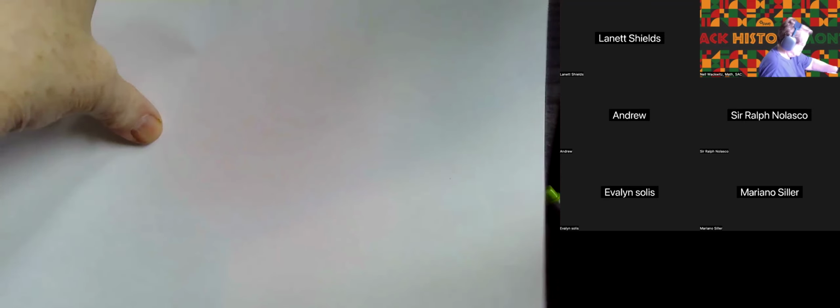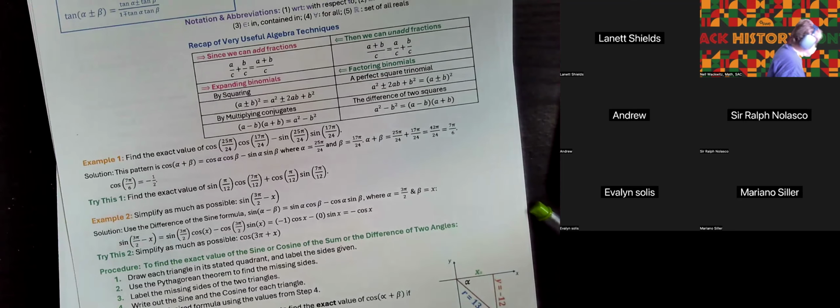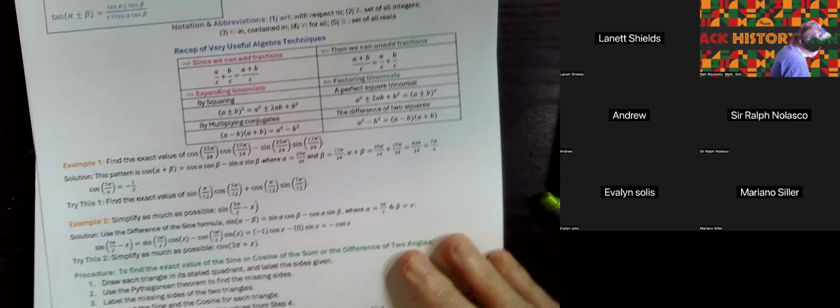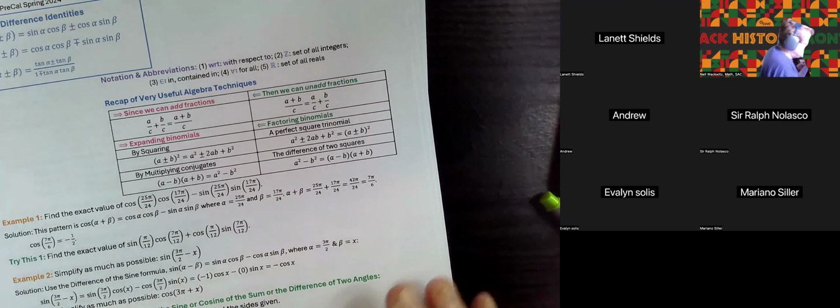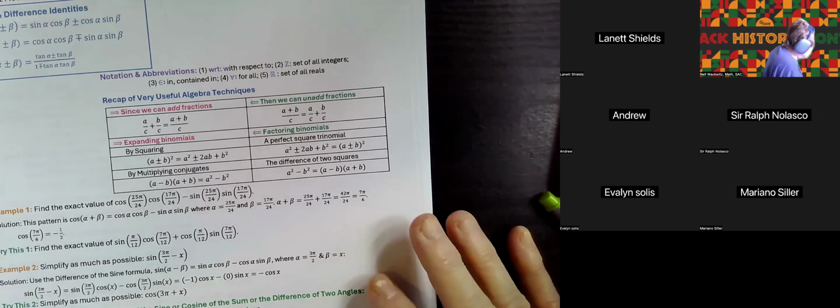I think I want y'all to do this next one. Wow, I made a mistake in the notes. So what we just did was correct. So I'll correct the notes.